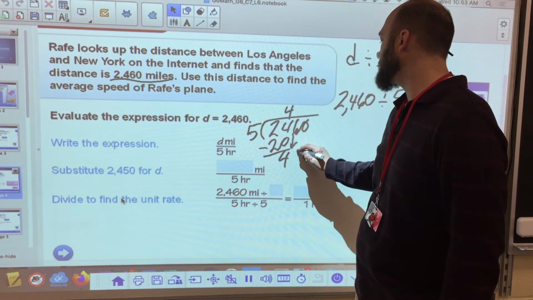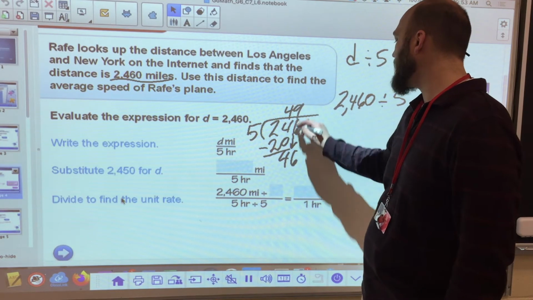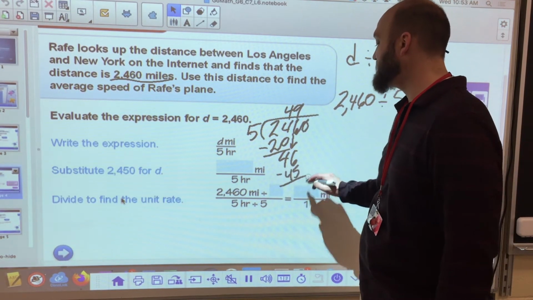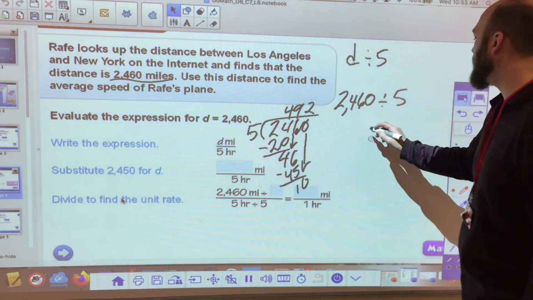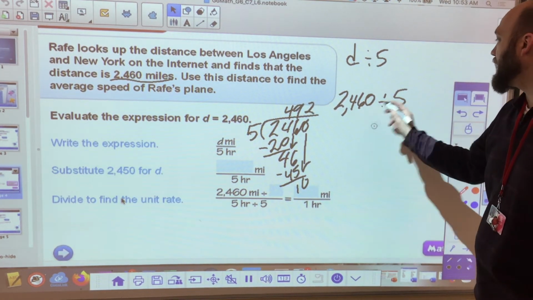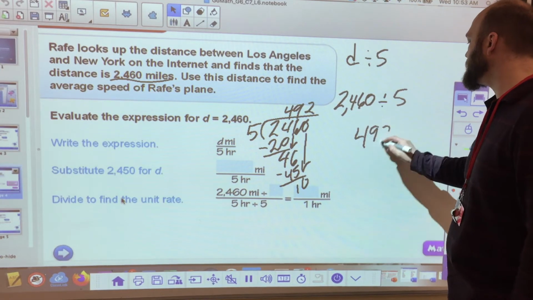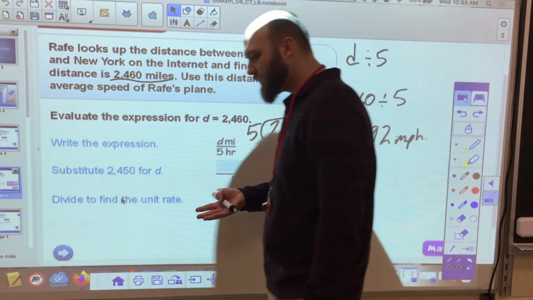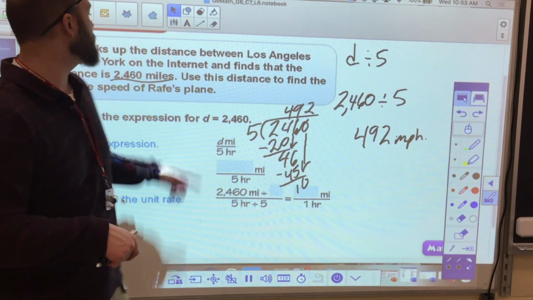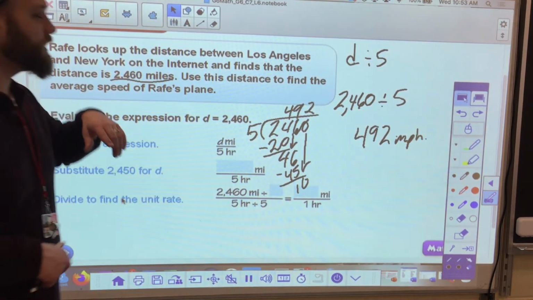Bring down the 4, bring down the 6, 5 goes into 46 9 times, 1 left over, 5 goes into 10 2 times. So they were traveling at an average speed of 492 miles per hour. 492 miles per hour on a plane for 5 hours will get you from New York to Los Angeles.